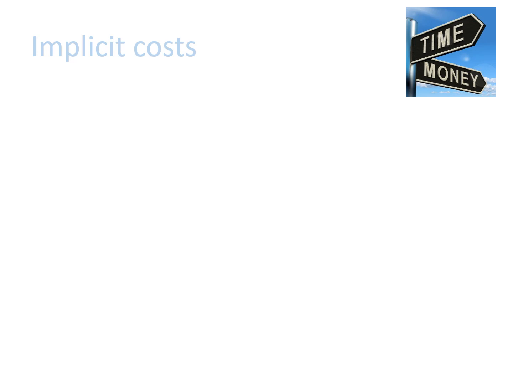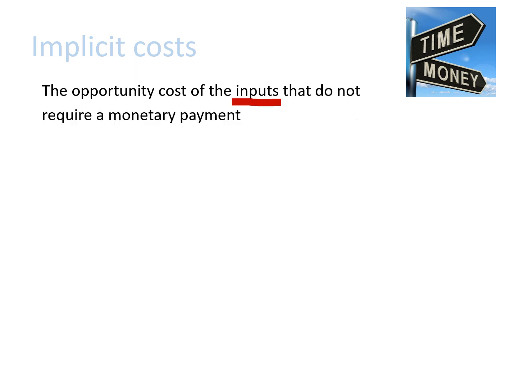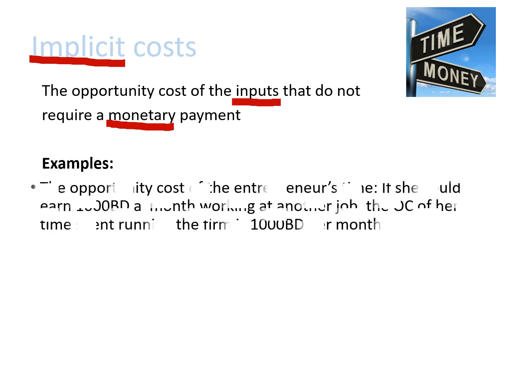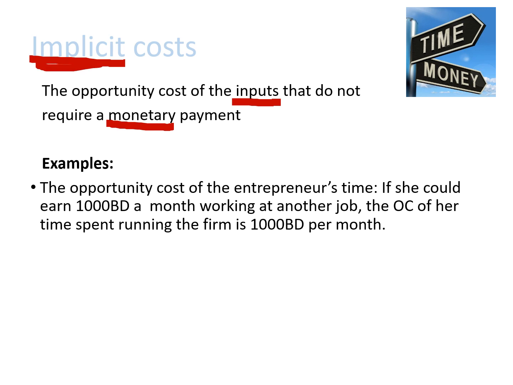The implicit costs, on the other hand, are the opportunity costs of the inputs. Okay, so these opportunity costs do not require a money payment. They're implicit, meaning they're not as obvious necessarily as the explicit costs. So a nice example of an implicit opportunity cost is an entrepreneur's time.